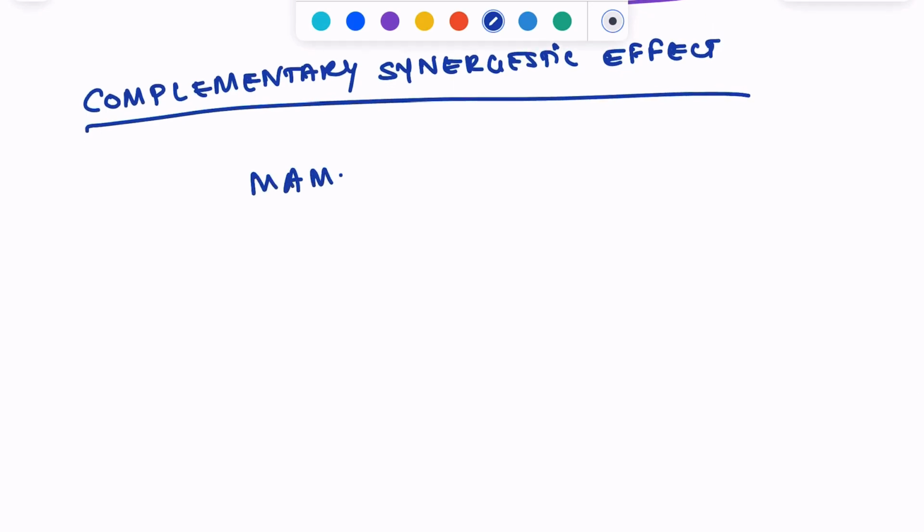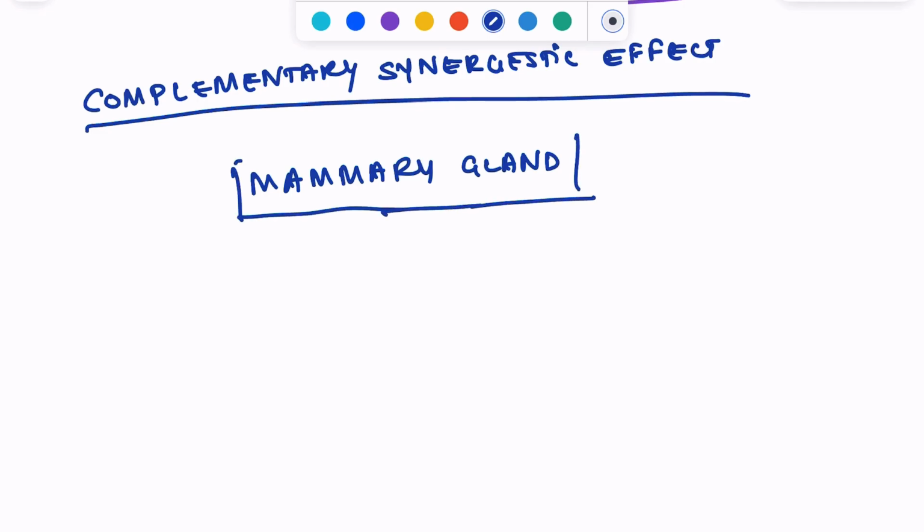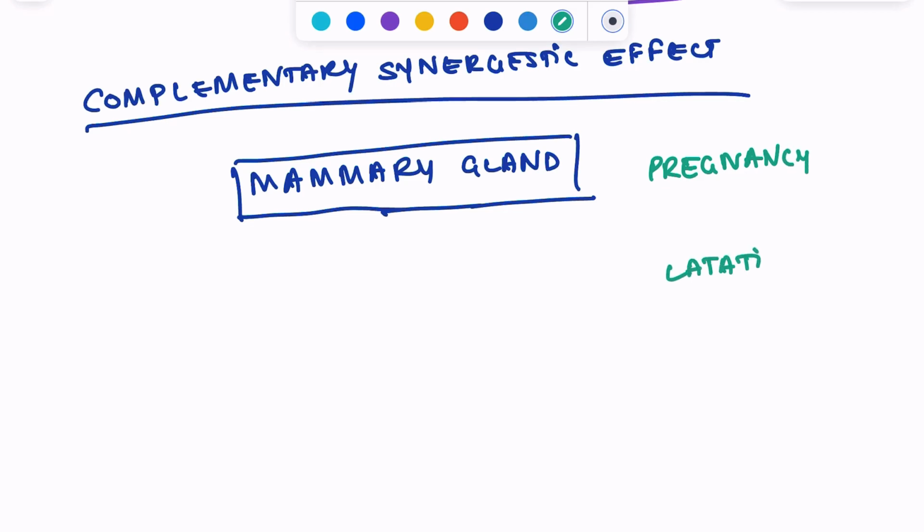After pregnancy, during the lactation phase, there is milk secretion, but before that there shouldn't be milk secretion. So there are two stages for a mom: one is pregnancy, another one is lactation. So in case of pregnancy, there is no milk secretion.